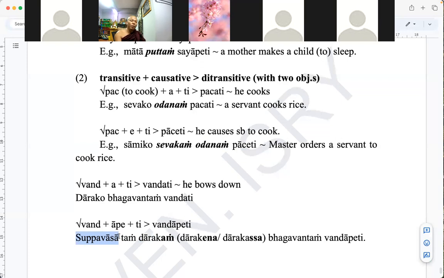Yes, when we change the word order there can be a different meaning. For example, Soba Bhagavantaṃ dārakaṃ vandāpeti. Maybe in this word order Bhagavantaṃ is actually the one who bows down.